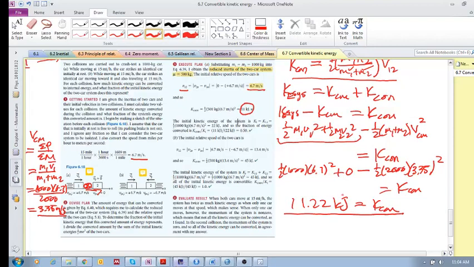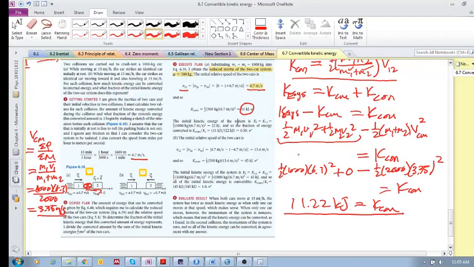Now, what is the fraction that is convertible? The second question is, what fraction of the initial kinetic energy of the two-car system does this represent? What fraction of the total kinetic energy of the system is this convertible kinetic energy? So, how are we going to do this?